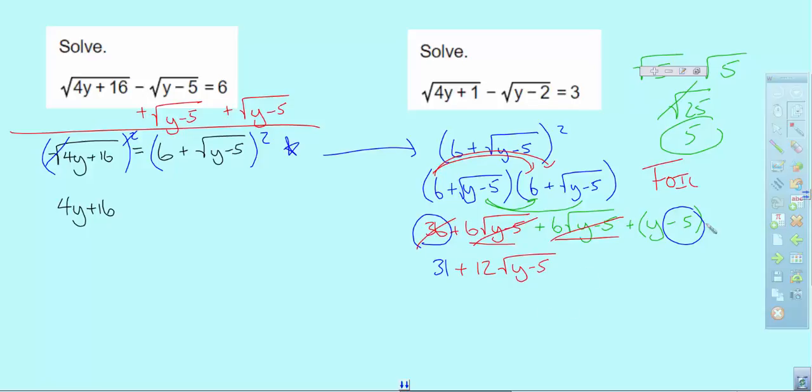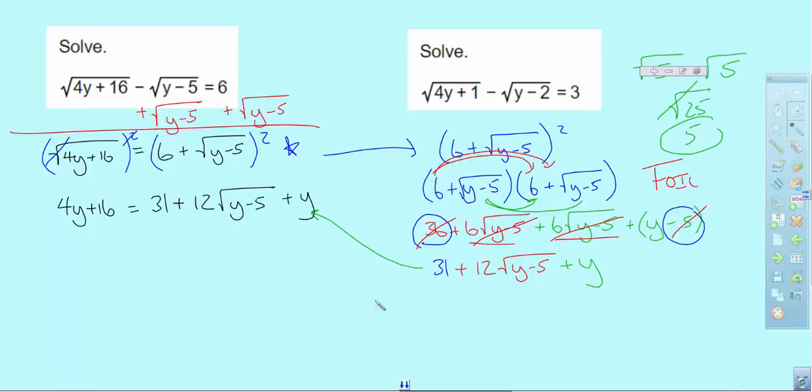And then I've used my numbers, so all I have left to go on the end is my plus y. So I bring that stuff back over and slide it back in its spot. So this is equal to 31 plus 12 square roots of y minus 5 plus y.